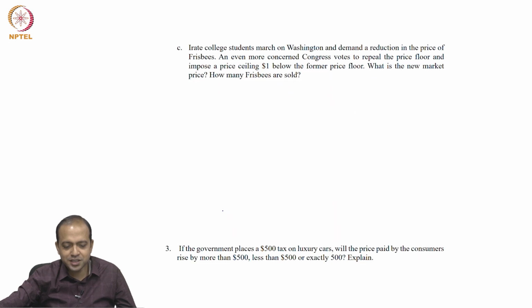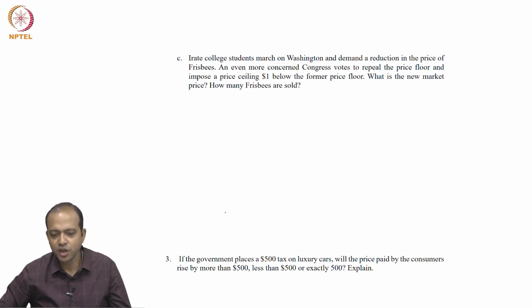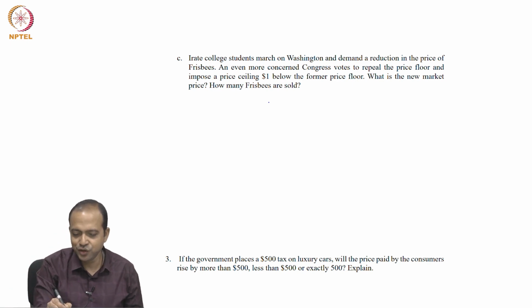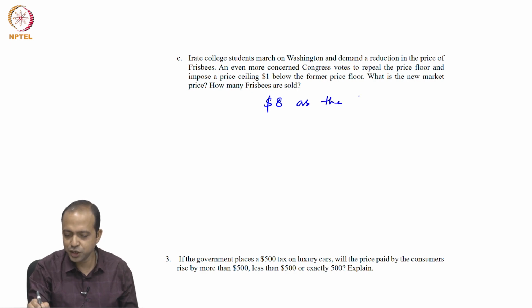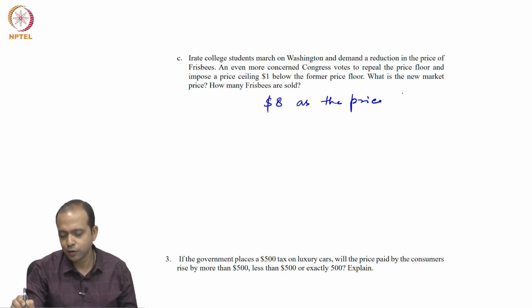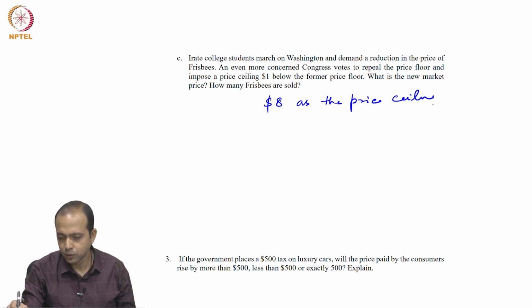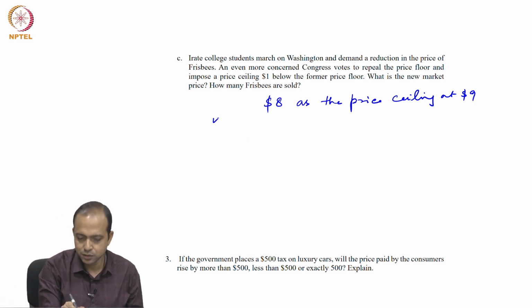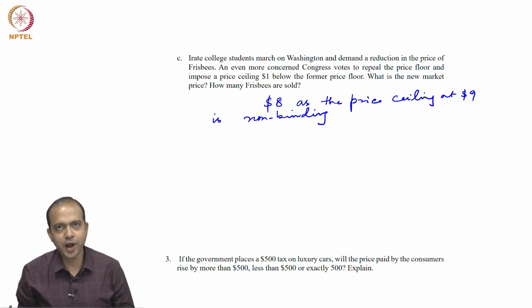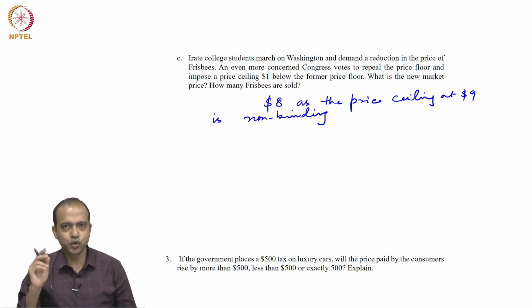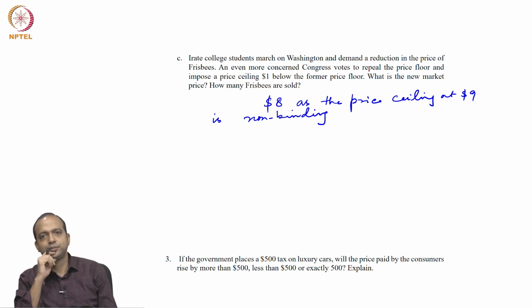Okay. So, with the price ceiling, what is the new market price? The new market price would be $8 only, as the price ceiling at $9 is non-binding. So, for a price ceiling to be binding, it should be lower than the equilibrium price.